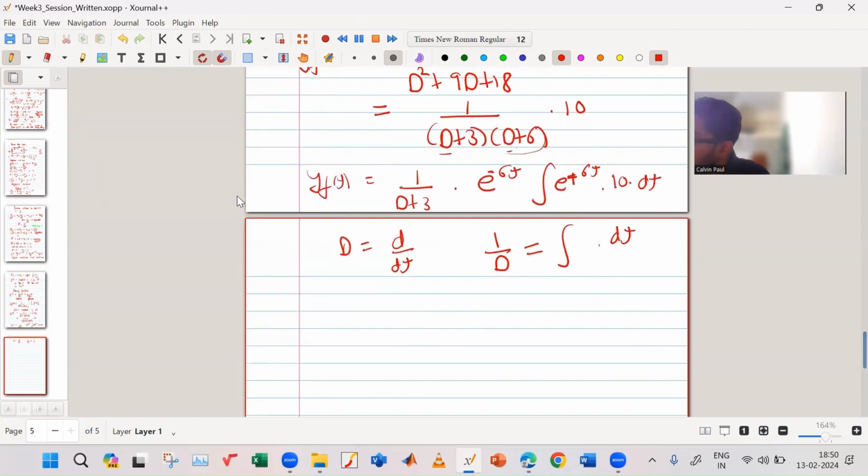So 1 by d plus 6 is equal to e raised to minus 6t into the integral of e raised to 6t into dt. This is a mathematical representation of it. Is there any query in this part? Because this is the interesting thing where maths comes in.